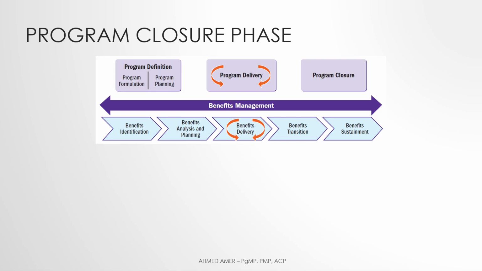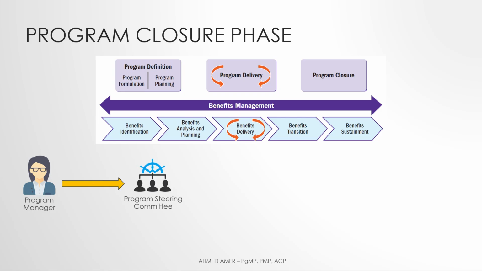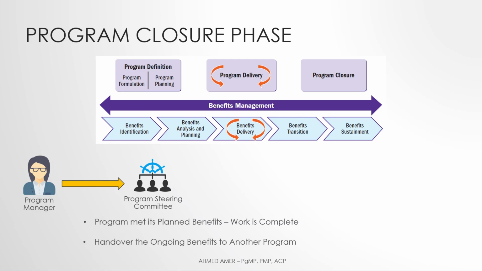During this phase, you as a program manager reach out to the program steering committee to determine whether the program has met its planned benefits and all component transition work is complete, or your program is expected to hand over the ongoing benefits to another program or sustaining entity.